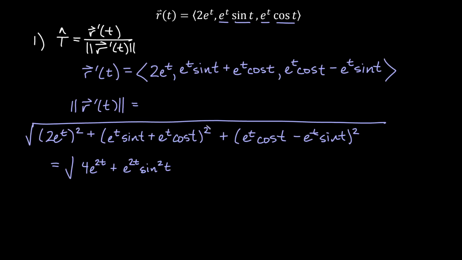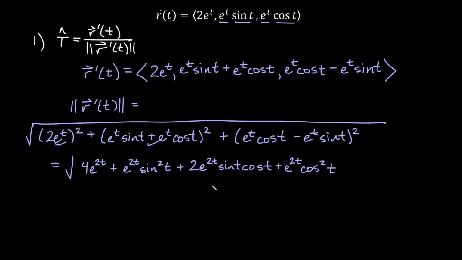If we distribute two of these into each other, we're going to get this sine t term times a cosine t term over here, and a cosine t term times a sine t in the first one. We're actually going to get plus 2 e to the 2t sine of t cosine t terms. Plus, when we distribute e to the t cosine t and multiply by itself, we would get e to the 2t cosine squared t. So we've done these two.